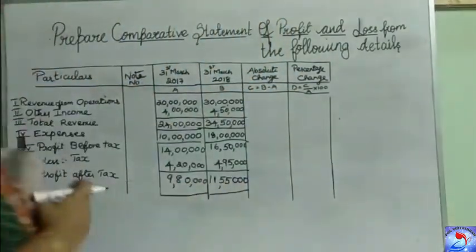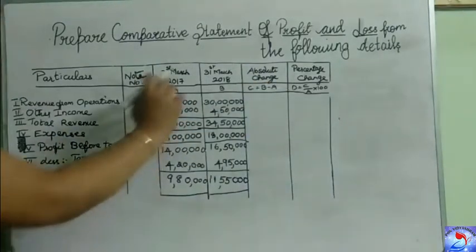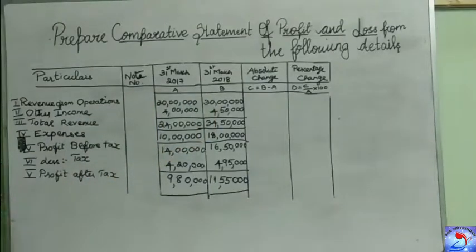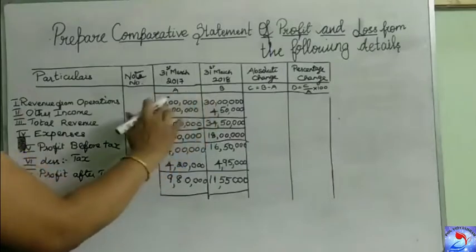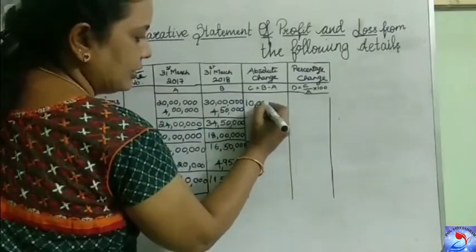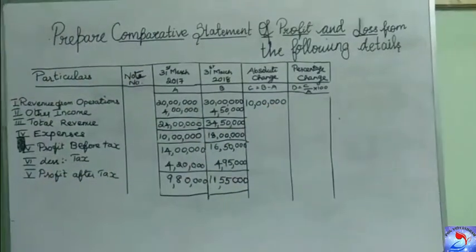What is an absolute change? That is B minus A. That is the 31st March 2018 figure minus the 2017 figure. So 30 lakh minus 20 lakh will give you 10 lakh as your revenue from operations. In this method it will be easy for you.